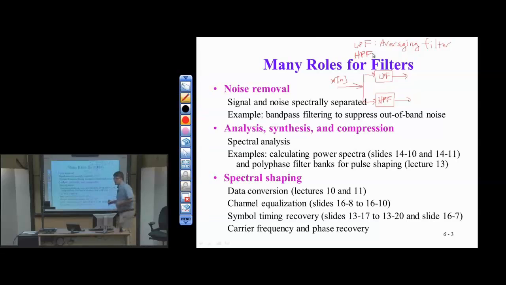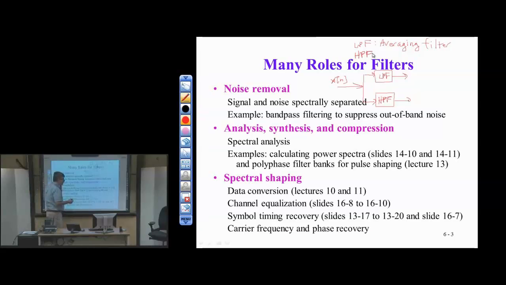We've talked about both of these before. In the low-pass filter case, again just for simplicity, we can do a 2-tap averaging filter, and for the high-pass filter, a 2-tap first-order difference, but again, any low-pass and high-pass filter will generally do here.